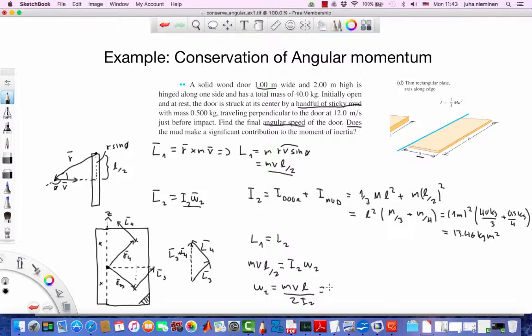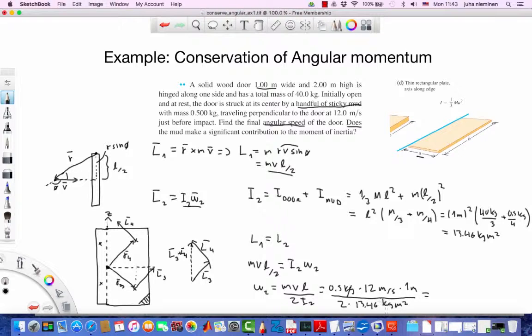So the mass of the mud is 0.5 kg. Its velocity is 12 meters per second. And the width of the door was 1 meter, divided by 2 times 13.46 kg m squared that we calculated.